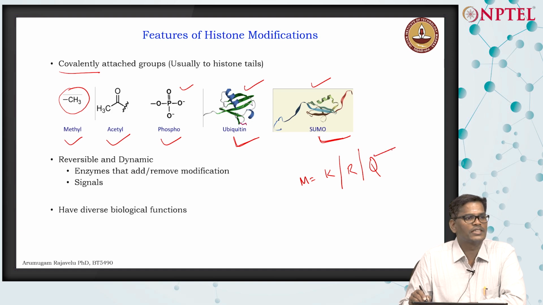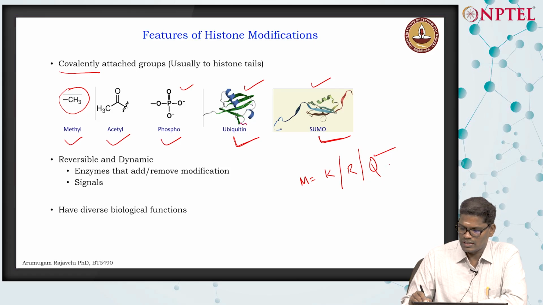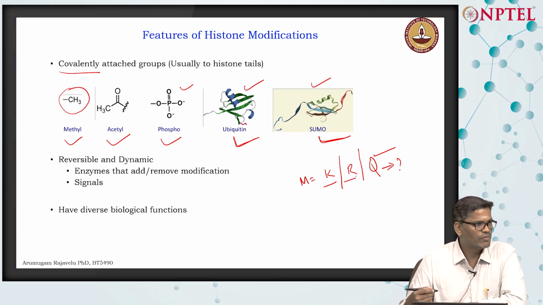Yes, glutamine also gets methylated to some extent, but of course its function is still under investigation. But the major modifications are linked with gene activation or repression, chromatin remodeling, and so on. Lysine acetylation, lysine methylation, arginine methylation. Similarly, acetylation only on lysine. And phosphorylation, you all know, serine, threonine.